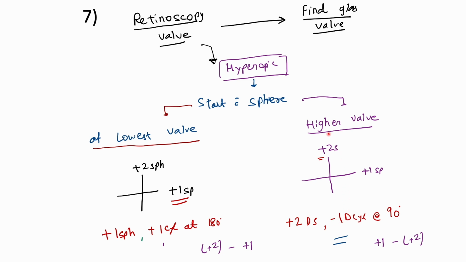Since we have taken vertical +2, in the calculation we will use the other meridian: +1 minus the +2, because we have already used the vertical meridian for the sphere. So our net result is a -1 diopter cylinder. We want it to act at the horizontal meridian, so we will place it at 90 degree.